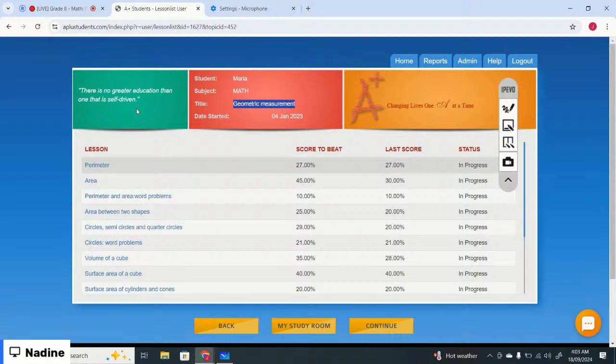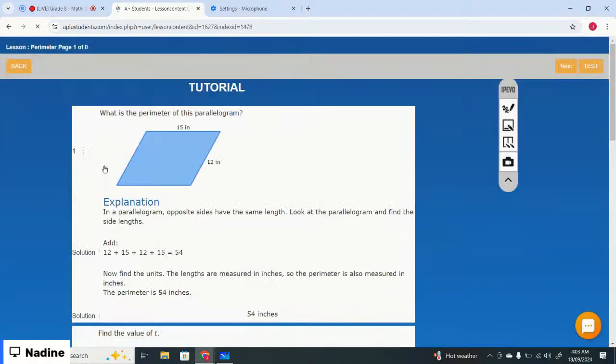Here I am on the chapter geometric measurement. Let's just start with the first lesson, that is perimeter. What is the perimeter of this parallelogram?